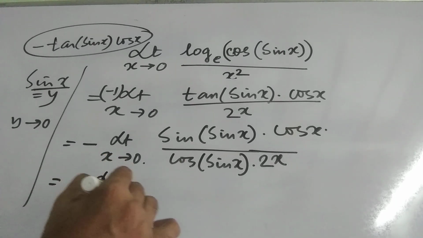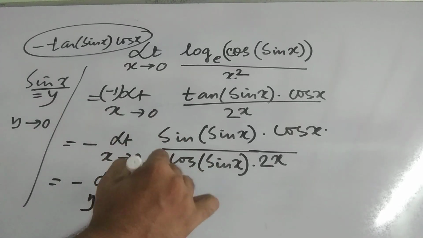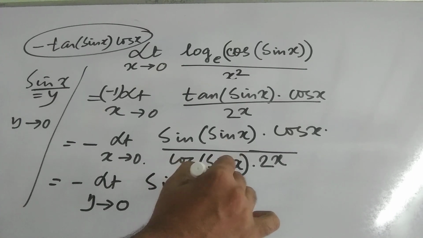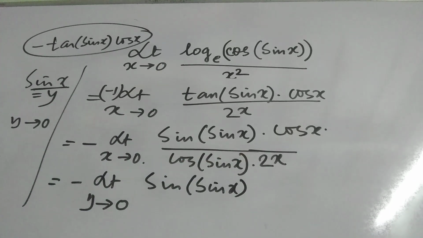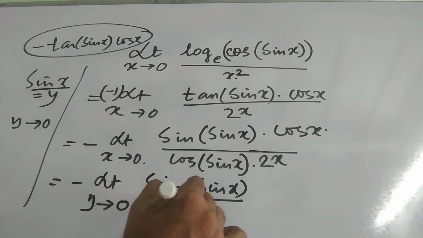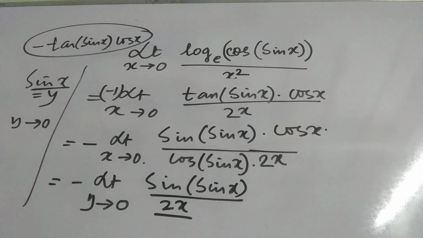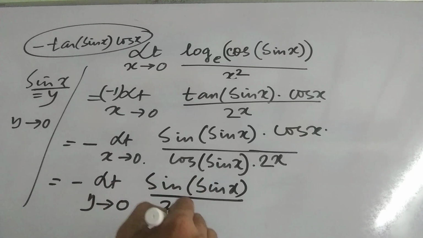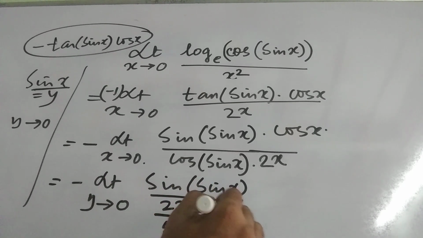I am separating into two parts, sin of sin x divided by cos of sin x, I am keeping aside, 2x divided by sin x into sin x.